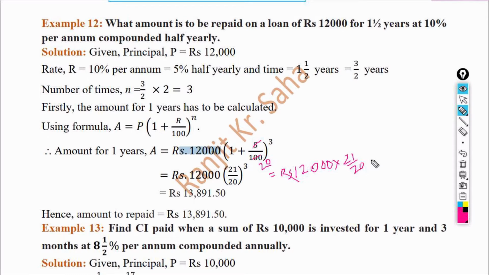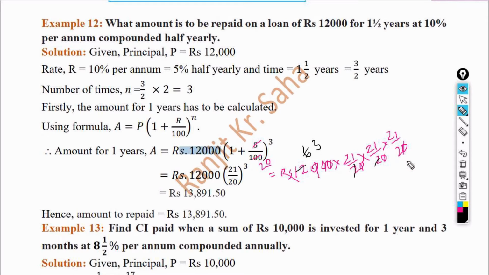since there is power 3, 21 by 20, 21 by 20, 21 by 20. Now just cancel zeros in the denominator and numerator. 3 zeros are there. Now cancel by 2, then you have 3 into 21 into 21 into 21 divided by 2.